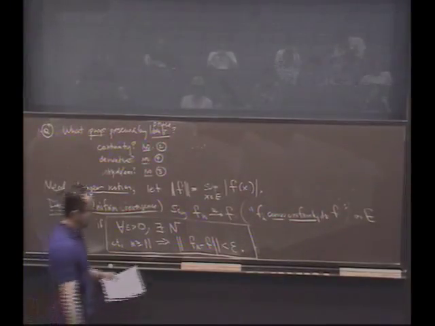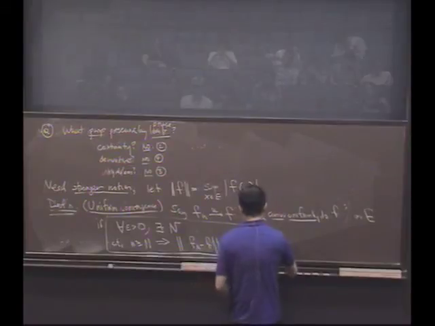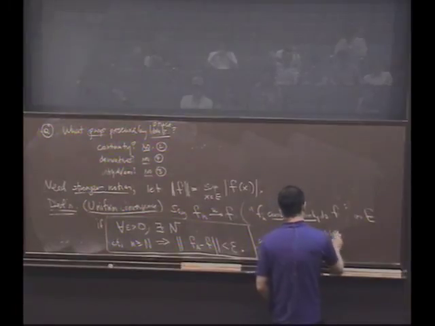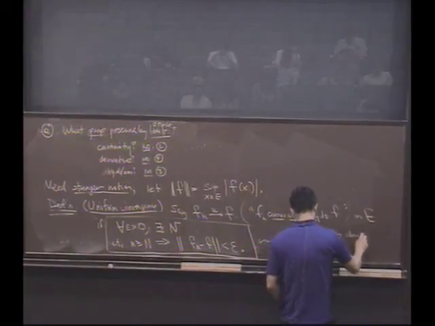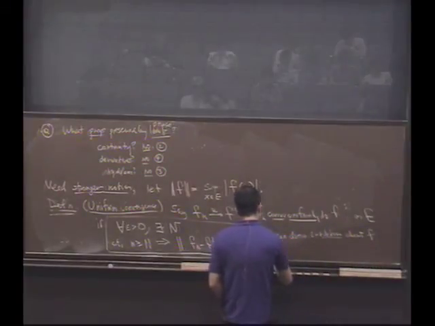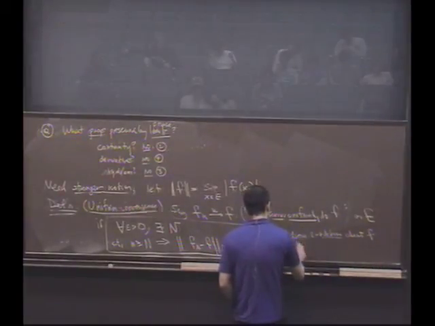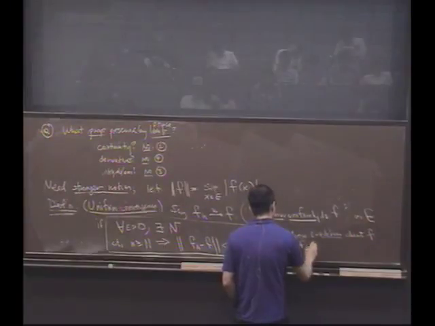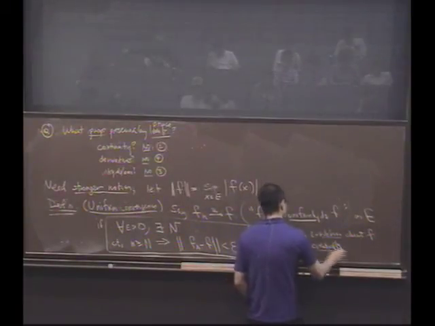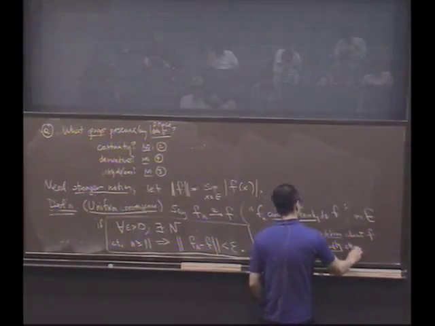This is the way I like to think about it. You can draw an epsilon ribbon about the limit f, and f_n eventually stays in the ribbon.